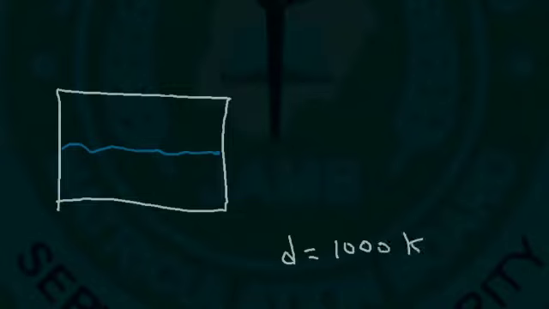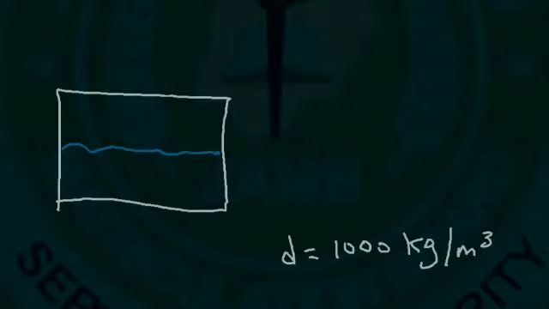Now let's talk more about density. So let's say you have a beaker containing water, and the density of water is about 1,000 kilograms per cubic meter. Now let's say you place a chunk of aluminum, what's going to happen?